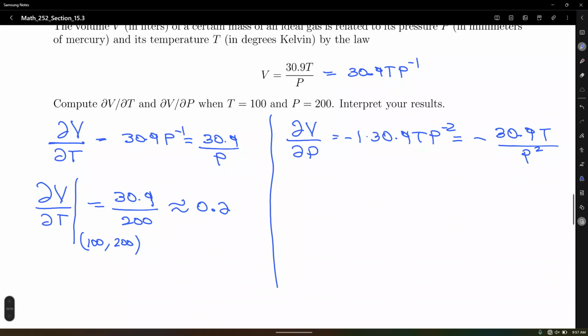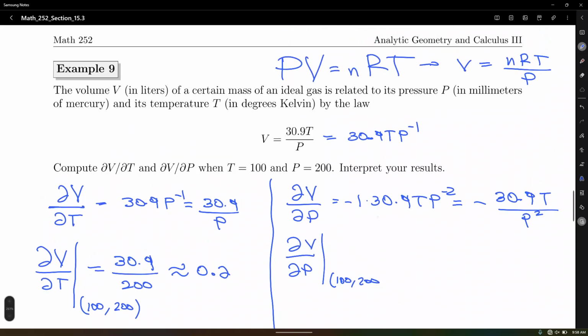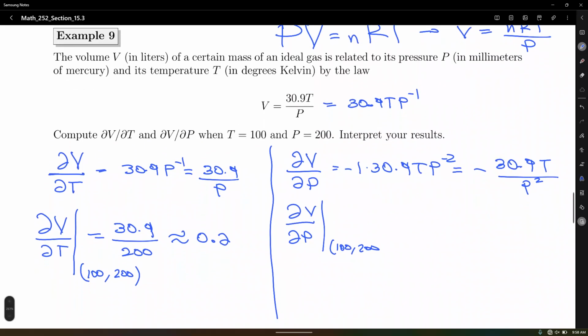What's next? So that's the partial of the volume with respect to the pressure when the temperature is 100 degrees and the pressure is 200, what was that? Millimeters of mercury, right? Yeah, millimeters of mercury.